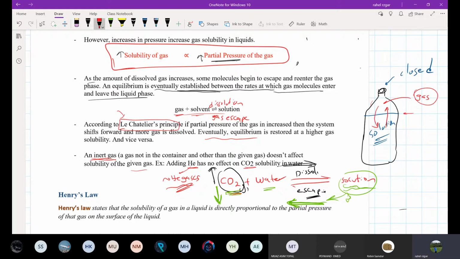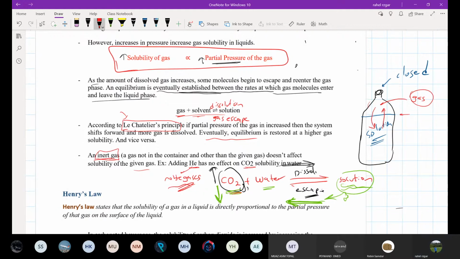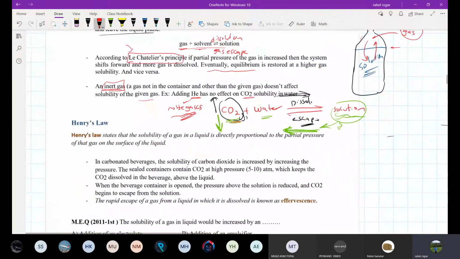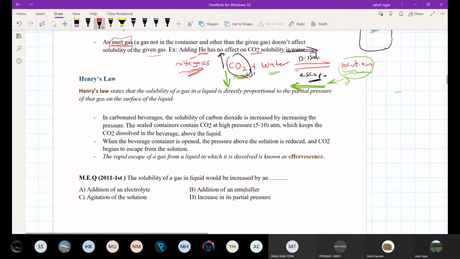But if we say noble gases, we are certain that none of the noble gases will react with the CO2. And it doesn't have any effect on the solubility of CO2. And we call those extra gases inert gas. We are still on the solubility of gases.